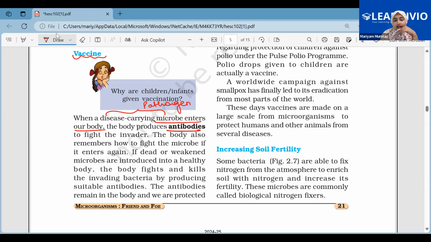For example, if the microbe is entering a person's body the first time, the body prepares the antibodies to fight. Now if the person gets the same pathogen again, then it will have the ready-made antibodies ready to fight. Clear?